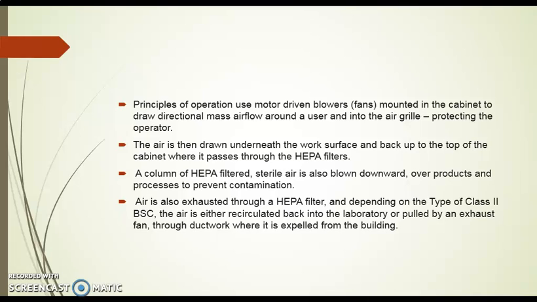A column of HEPA filtered sterile air is blown downward over the products and processes to prevent what? Contamination. Air is also exhausted through a HEPA filter, and depending upon the type of Class 2, the air is either recirculated back into the laboratory or pulled by an exhaust fan.